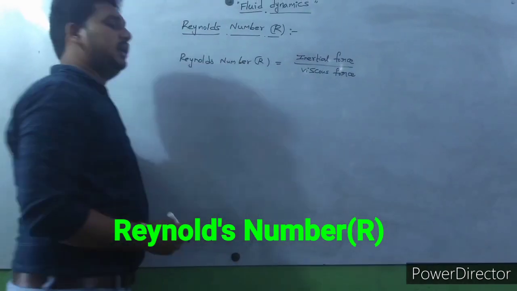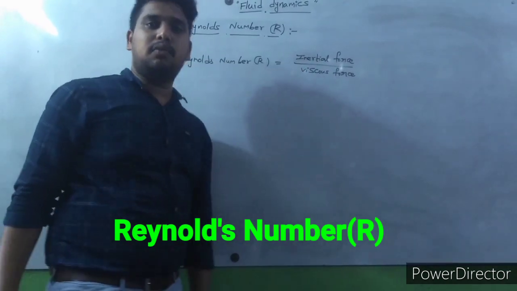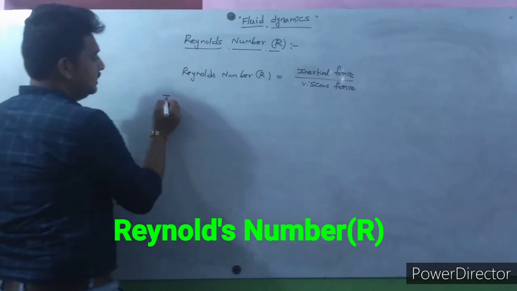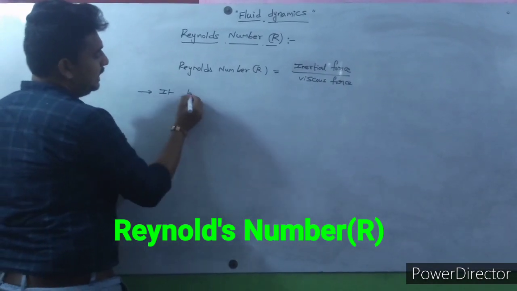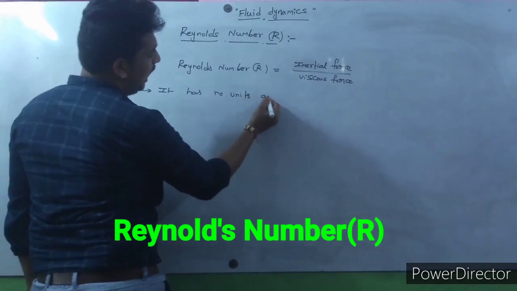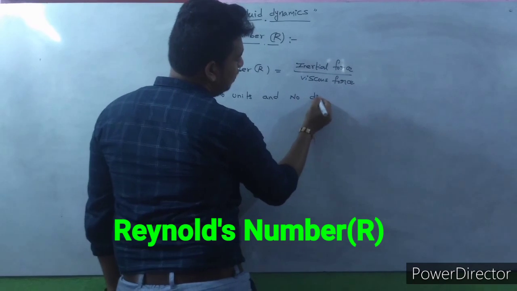So Reynolds number is the ratio between inertial force to viscous force. So it has no units and no dimensional formula.